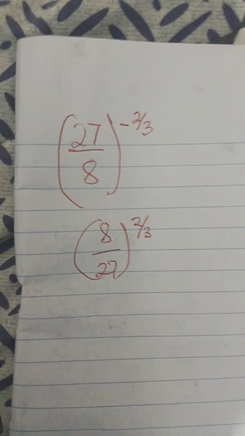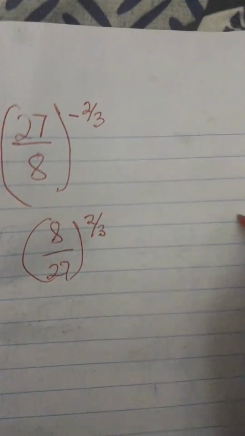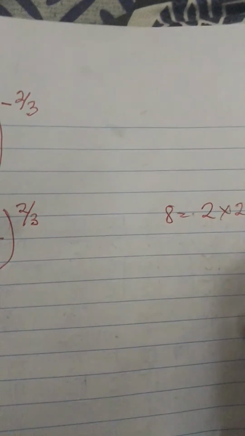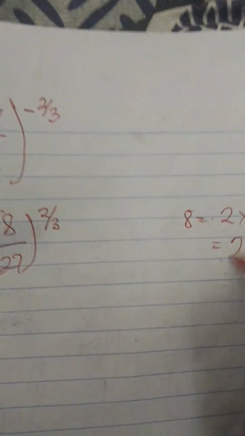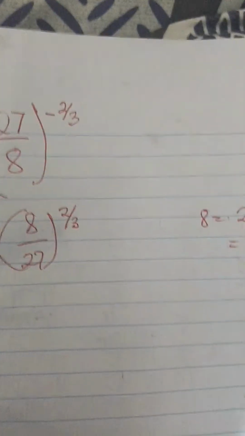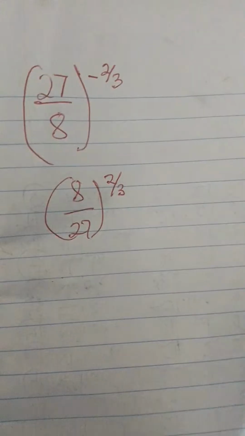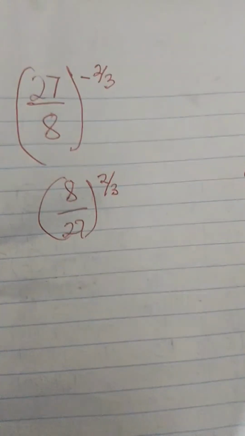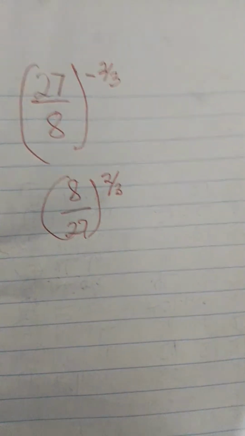So from here, we need to expand the 8. 8 becomes 2 times 2 times 2, so that will give us 2 exponent 3. As for the 8, the 27 also we have 3 times 3 times 3, that is 3 exponent 3.